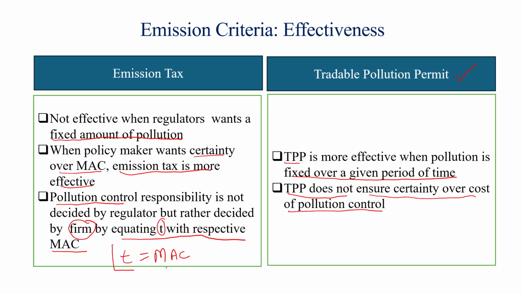So each of the firms will equate their marginal abatement cost curve with the tax. So it is more effective in terms of price. So this is the conclusion of the difference between emission tax and tradable pollution permit system.